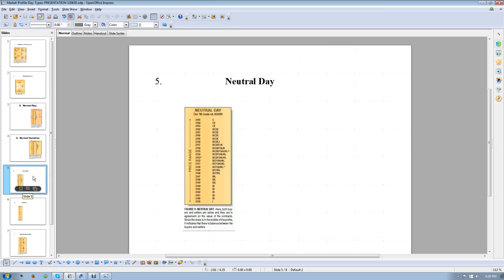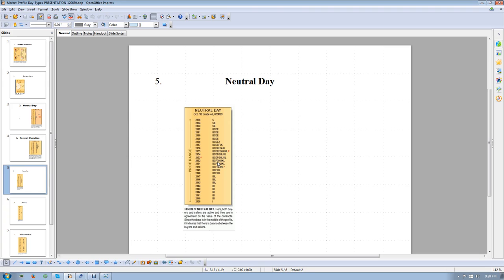And you'll get a lot of these, which are just neutral days. You get a nice distribution, a little bit of a range extension on it, and all that kind of stuff.